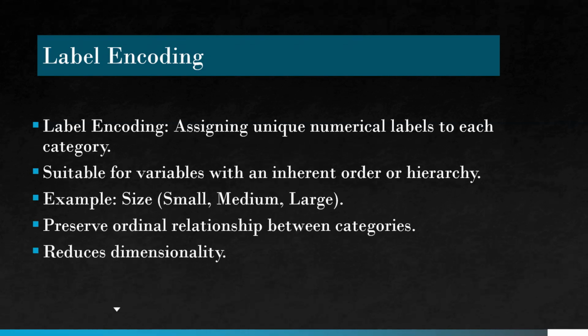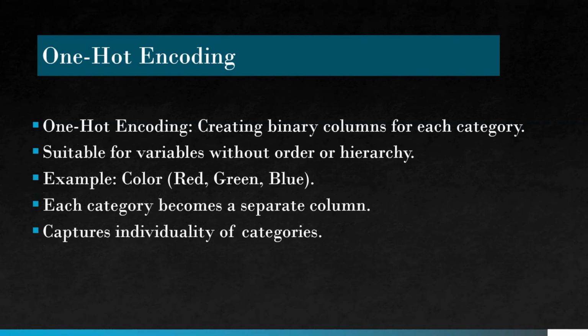It preserves the ordinal relationship between categories. It also reduces dimensionality, since this technique does not create any extra or separate column. It does not create the curse of dimensionality problem.